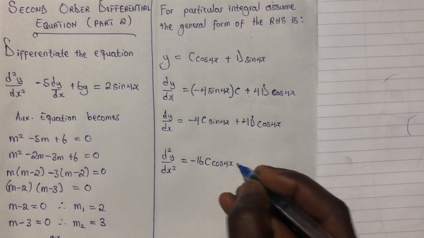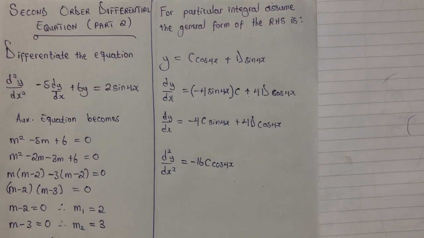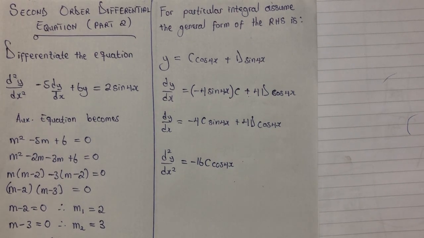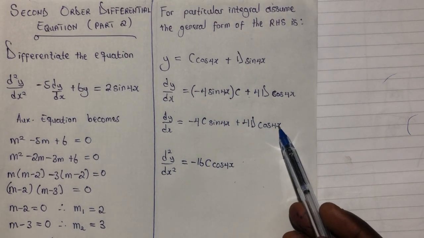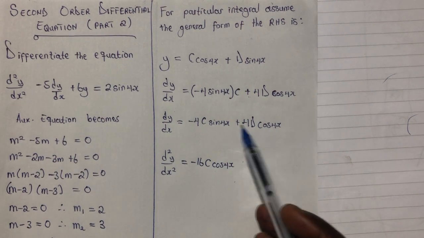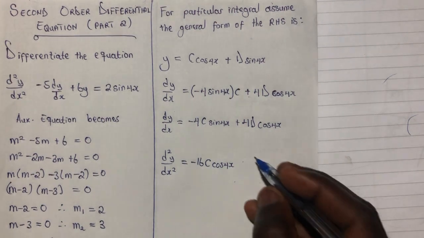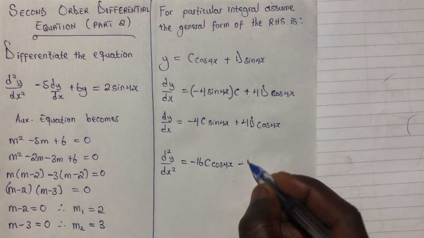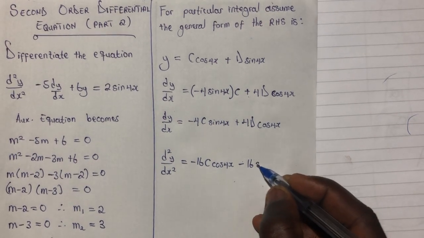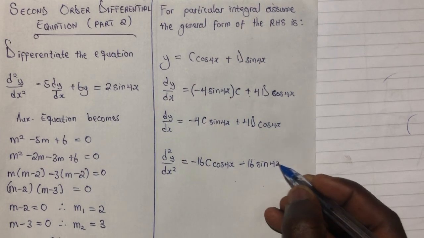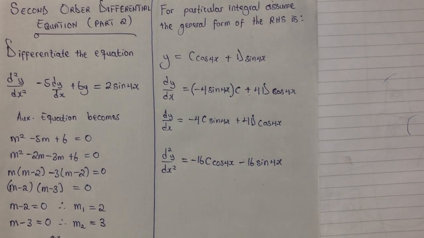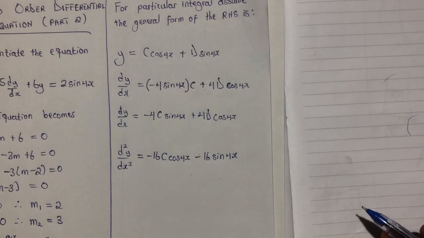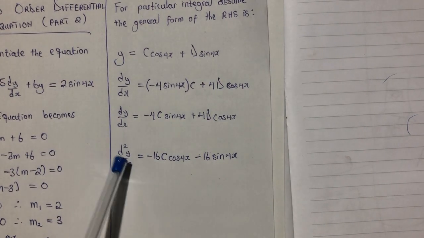Cos, the same for x. Then when I differentiate cos here, I am getting negative sine 4x. But I'll first differentiate this 4x to get 4. So 4 will give me 16. But because of the negative sign, I'm getting minus 16 sine 4x. So these are my solutions for the first derivative and the second derivative.